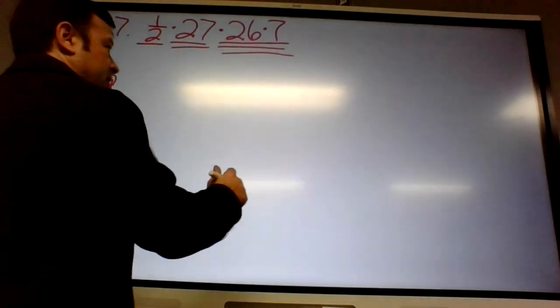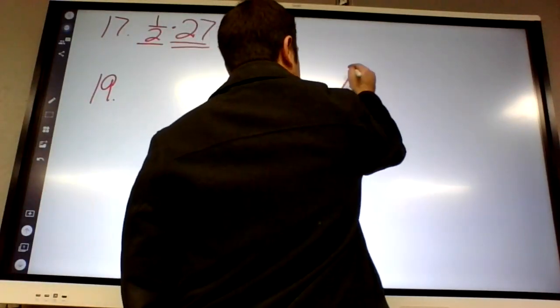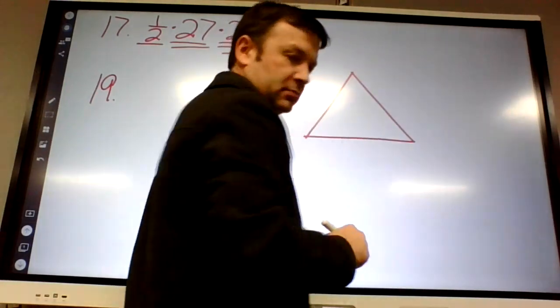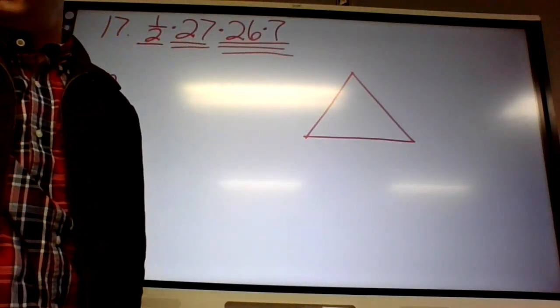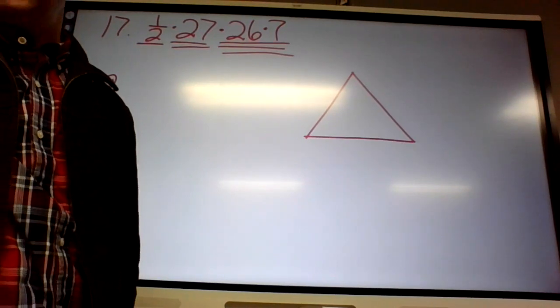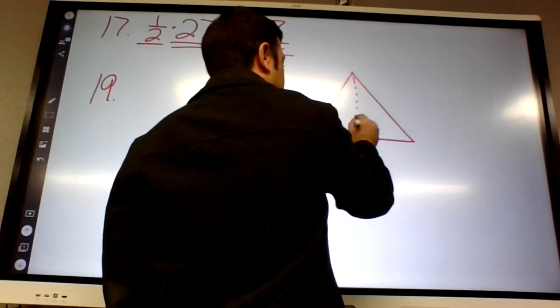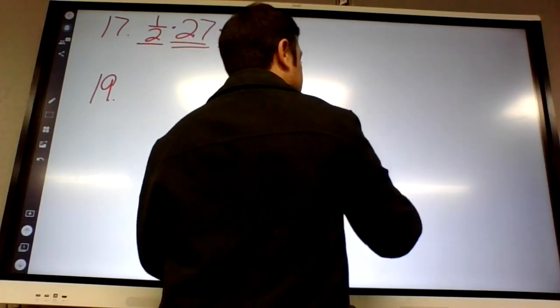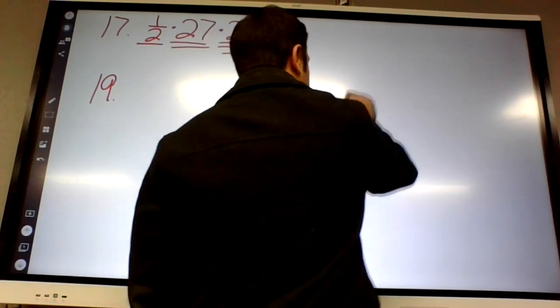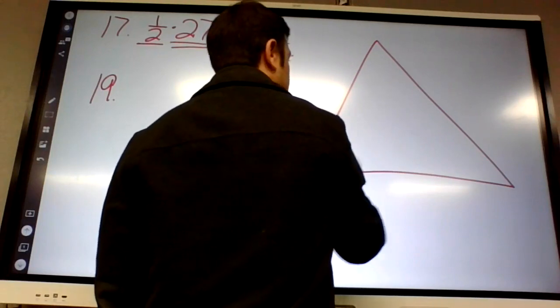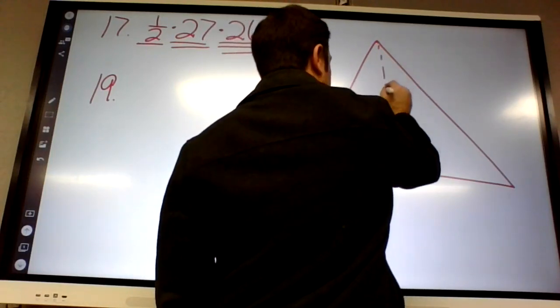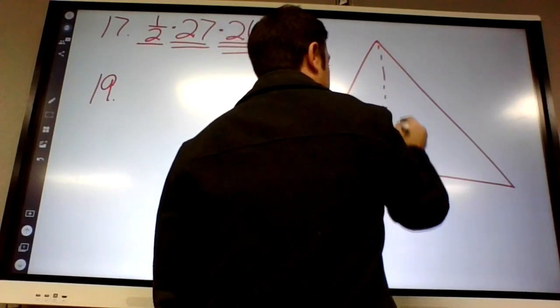I don't know if I can draw that very well. So they drew the height in, they drew a radius in, okay. Maybe I just should draw it really big, that'd probably help. That's the height.